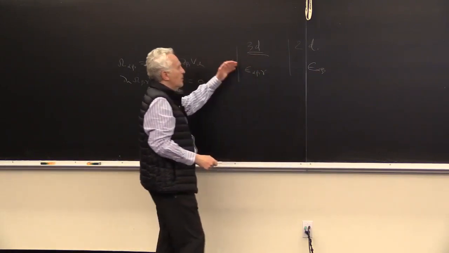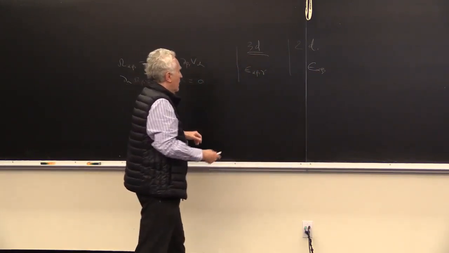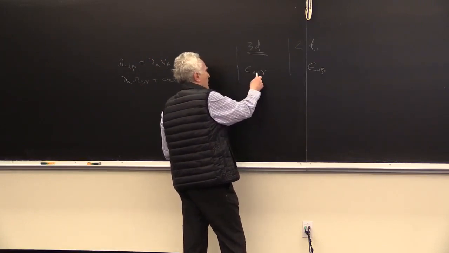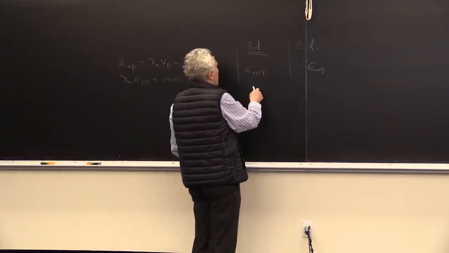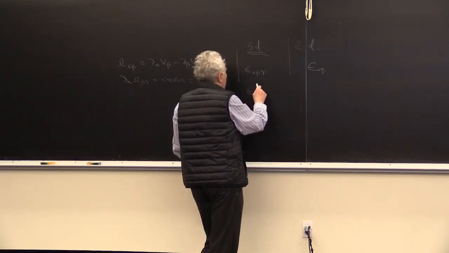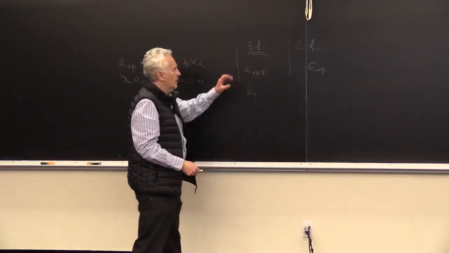In general, the number of indices is the same as the dimension of space, and they are defined in this way. They are numerical.